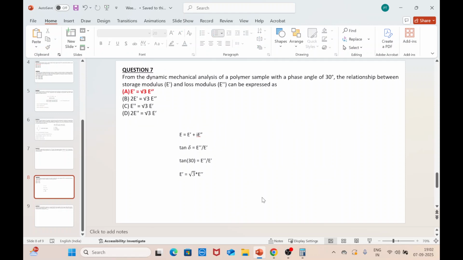Is this okay? It's a very simple relationship. Basically the damping factor is called the tan delta, which is represented as the ratio of loss modulus to that of the storage modulus. So using this you can come out with an answer.